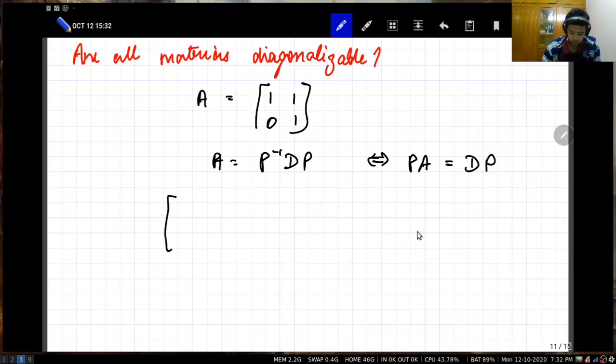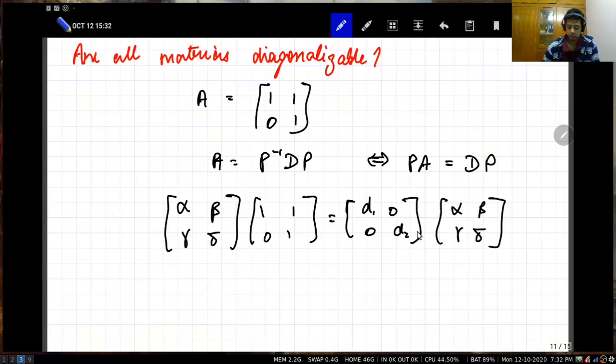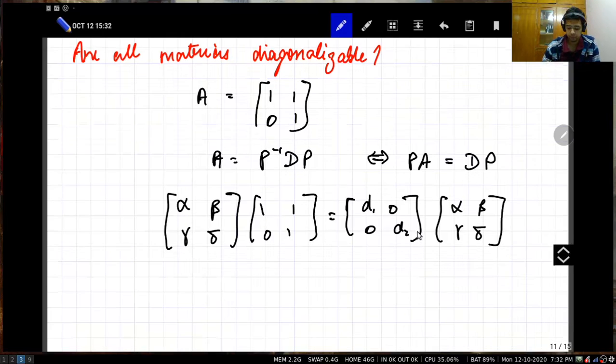It means that there exist no alpha, beta, gamma, delta and diagonal numbers D1, D2 which satisfy this equation. If there exist such numbers, then it means that this matrix is diagonalizable.